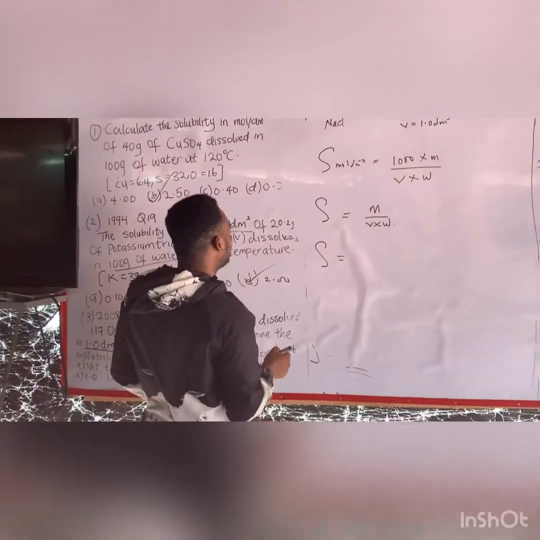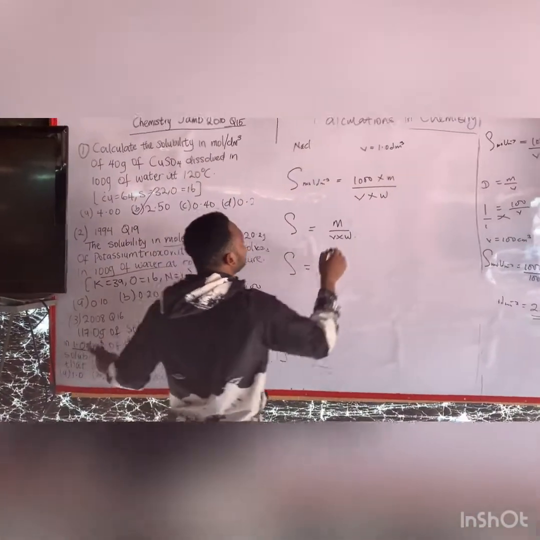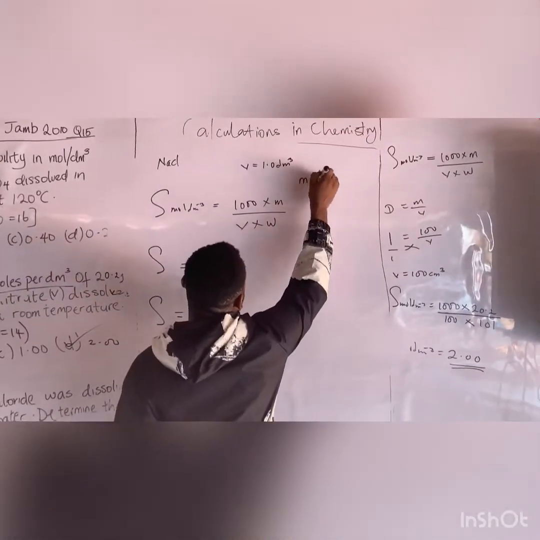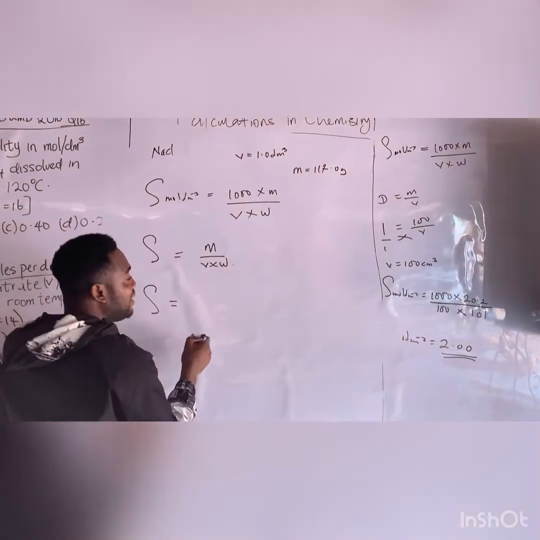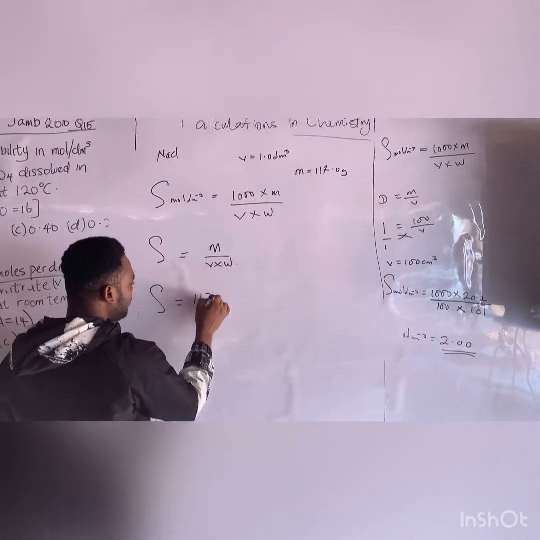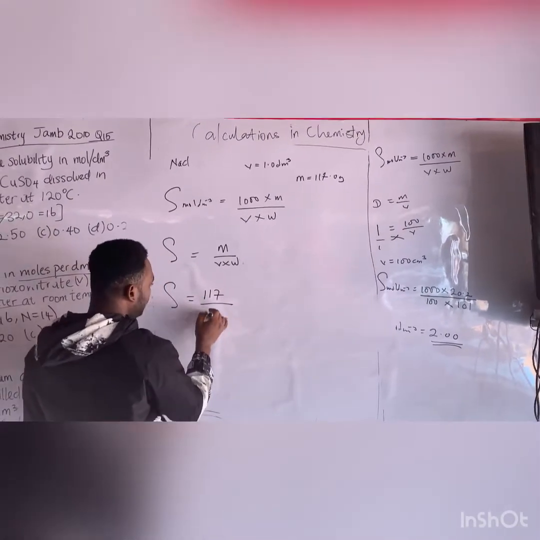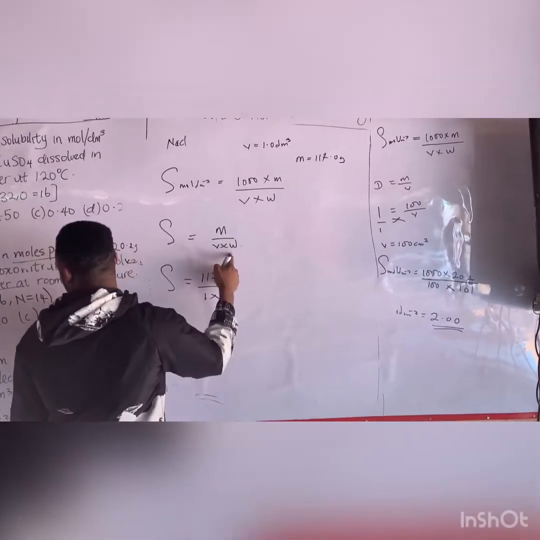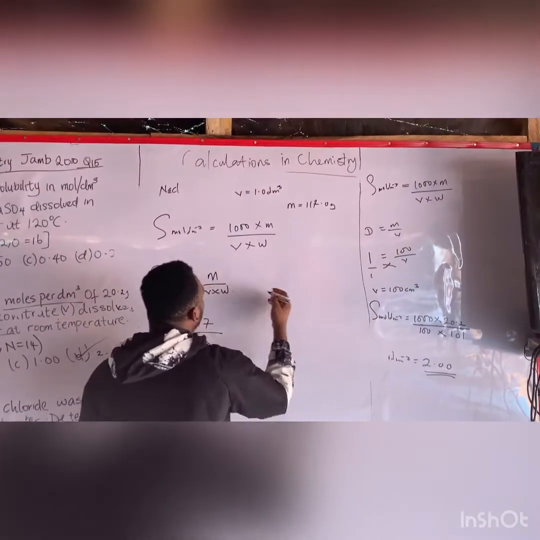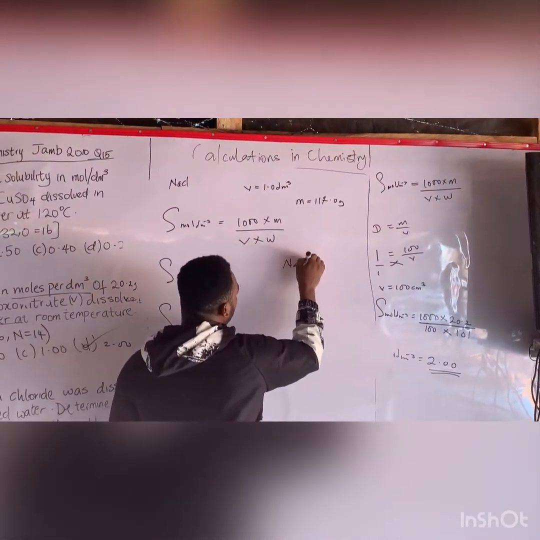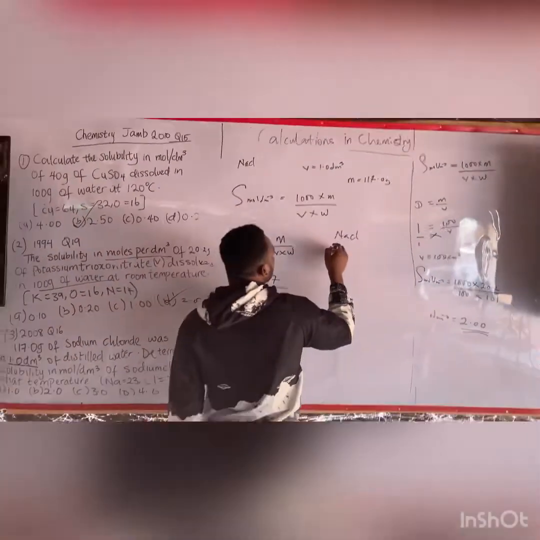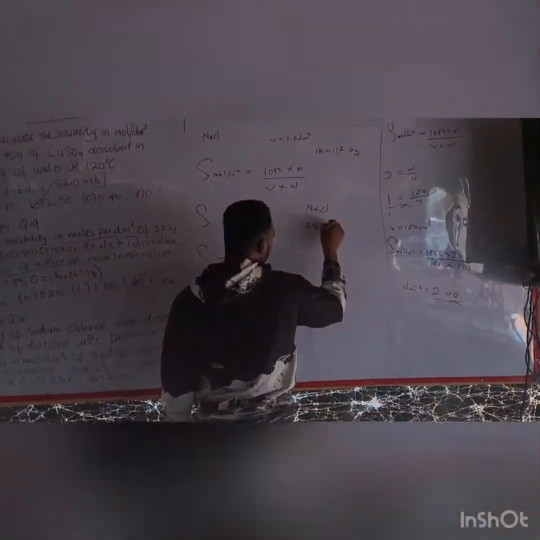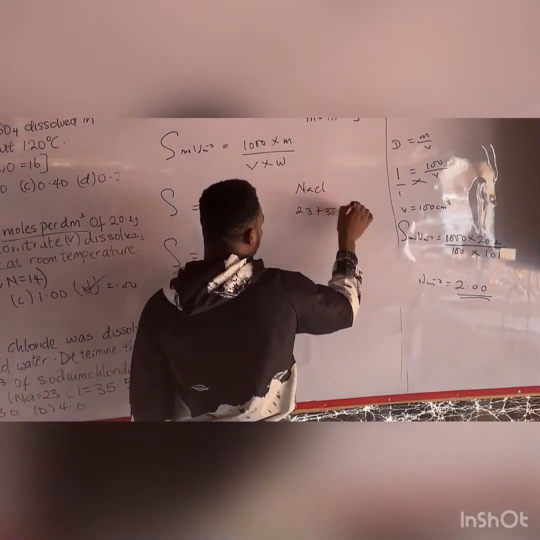So solubility will be equal to, what is the mass in the question? 117.0 gram. So I have 117 divided by what's the volume? That's 1, times what is the weight? The weight of sodium chloride will be obtained as sodium, given to us in the question, 23 plus 35.5.